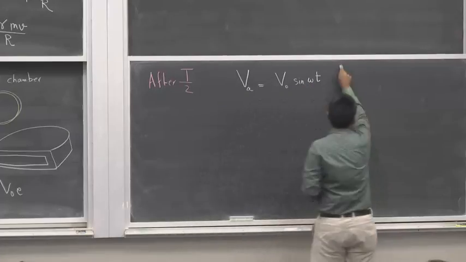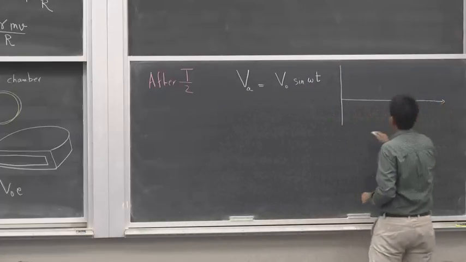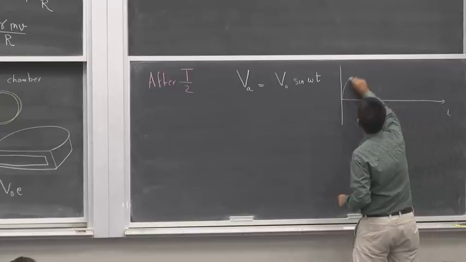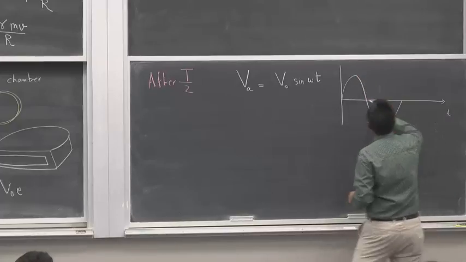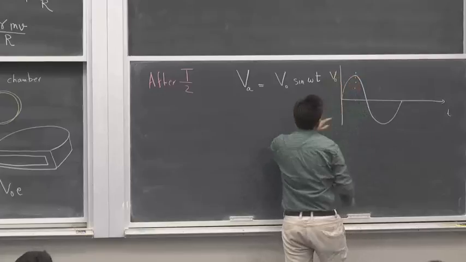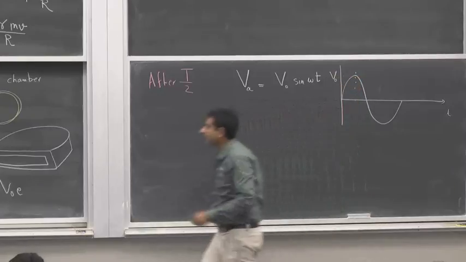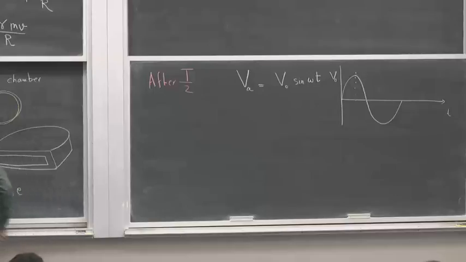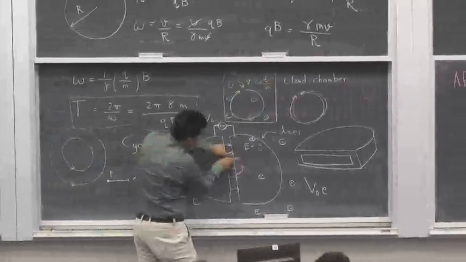Yes. If this is my time axis, this is my applied field. At some point in time, I have a positive field, V naught. This is the time when this particle is issued. So a positive V naught is applied and this particle is accelerated towards the right.